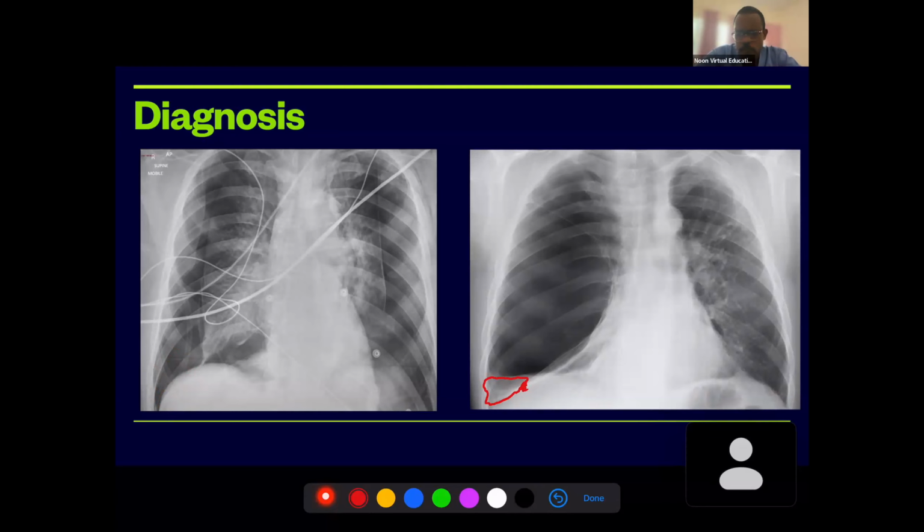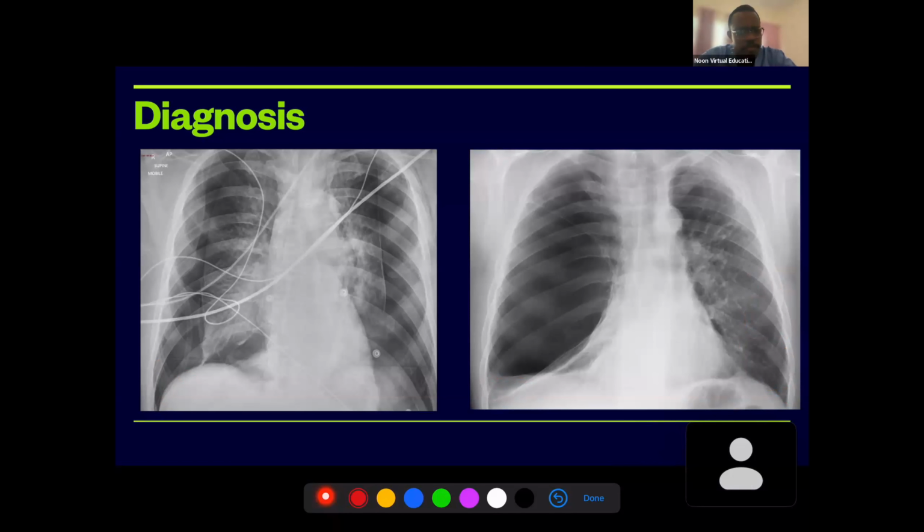Not like this. Here is a clear costophrenic angle because this is normal lung in this area, but here no. Here there is a very, very obvious costophrenic angle. So this is commonly found in patients with pneumothorax. Very important to know. Very good.